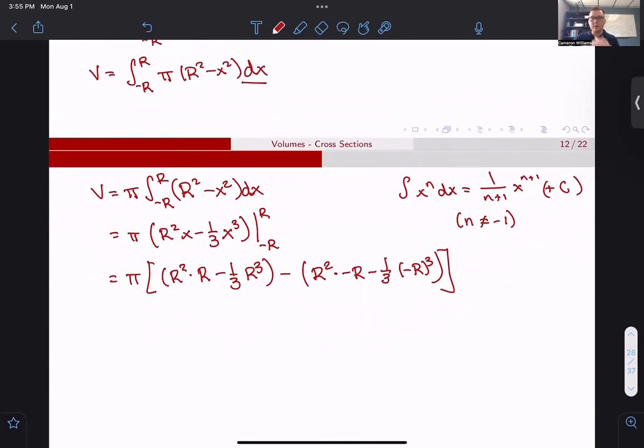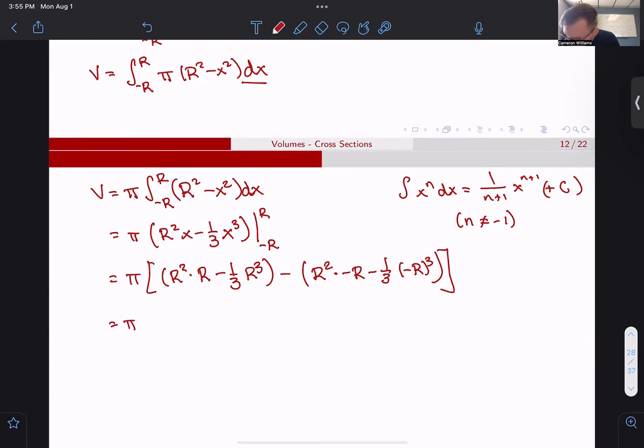You can have multiple negatives on each other, so there's a lot of room for mistake. Just be very careful. All right, this first part will become r cubed. Here we'll have an r cubed, but it'll be negative because of that negative.